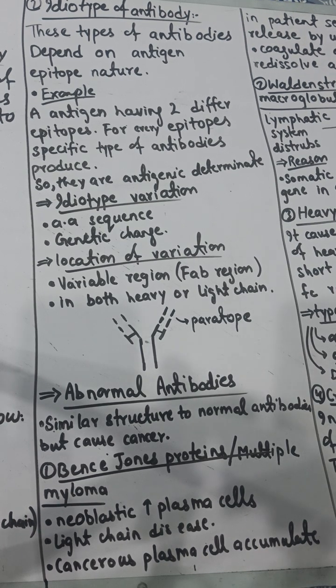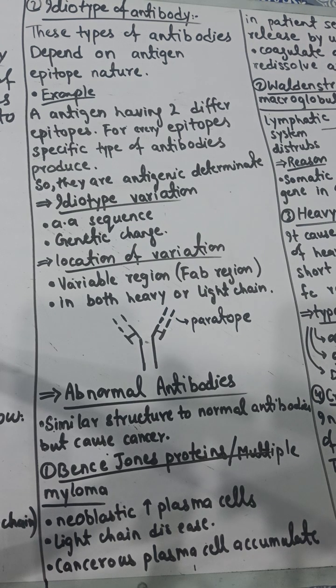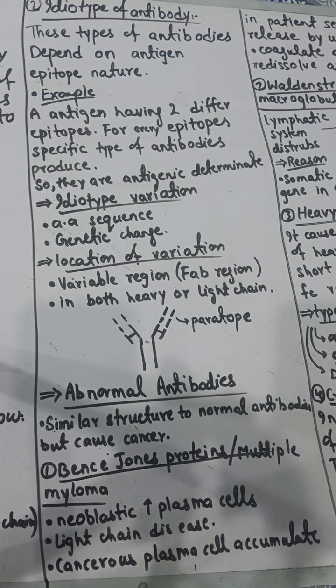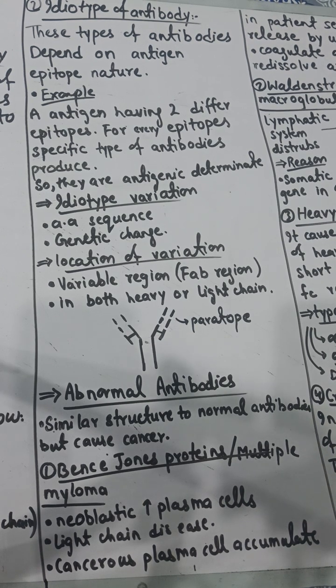What is the function of the epitope? The epitope is the site present on the antigen on which the antibodies attach. An antigen can have one or more epitopes, and every antigen can have different types of epitopes. We discussed the types of epitopes in the lecture on antigens. Epitopes can be simple, complex, or very complex in nature due to their structural changes, so they can differ from each other.